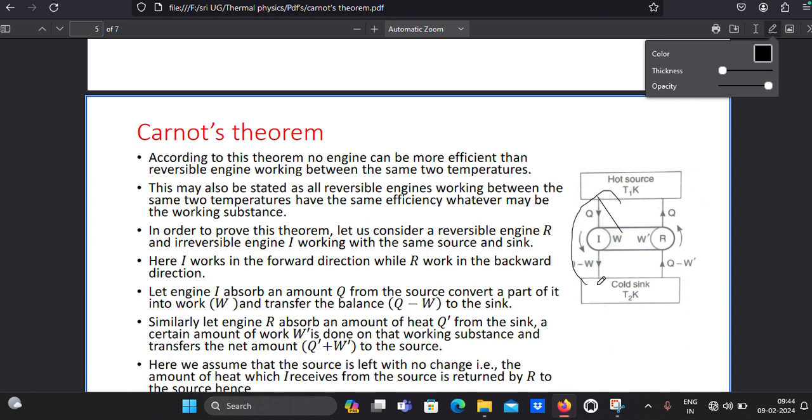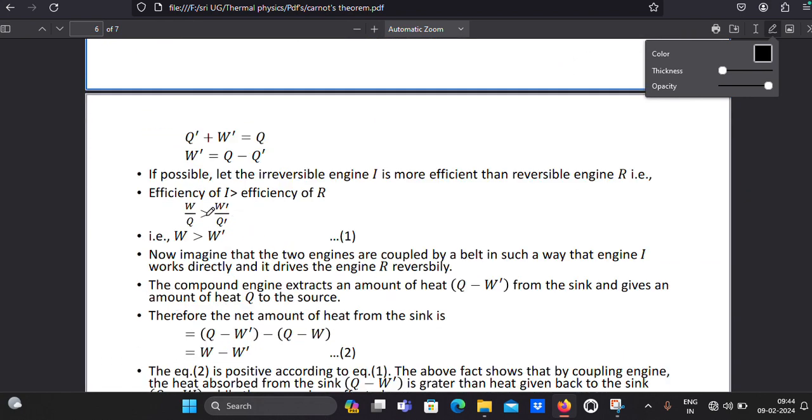Without a dash I am using the irreversible engine, and with a dash the reversible engine. So it is greater, which means that this work must be greater than this work. Let it be equation number 1.